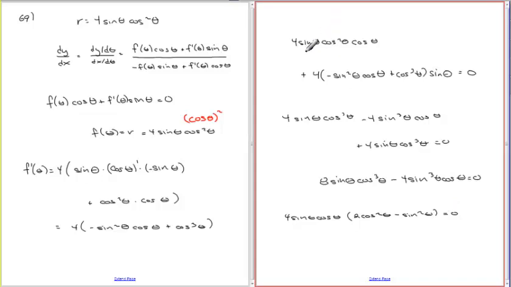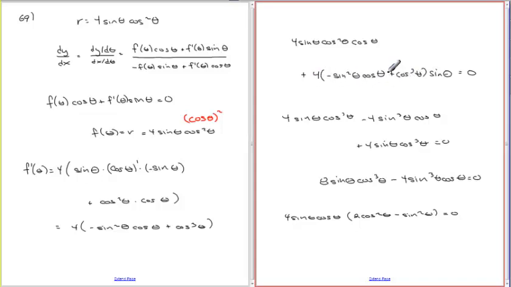Seems like something's different than the other day. What did I do here? Make sure I did this right. So you get f of theta times the cosine of theta, and we get negative 4.